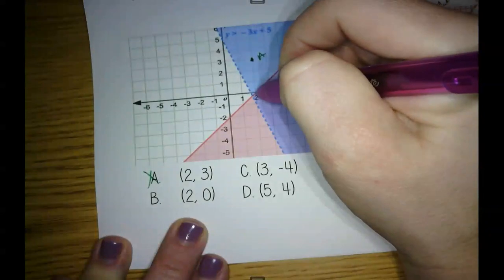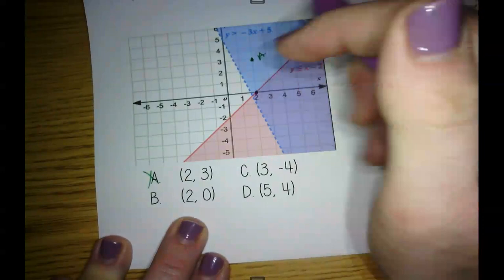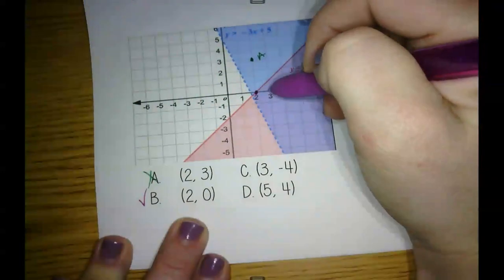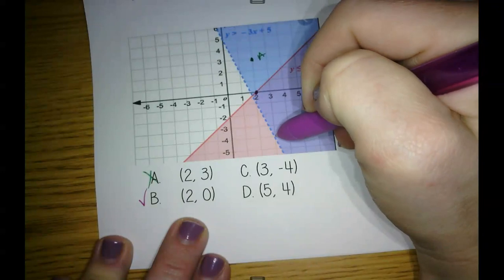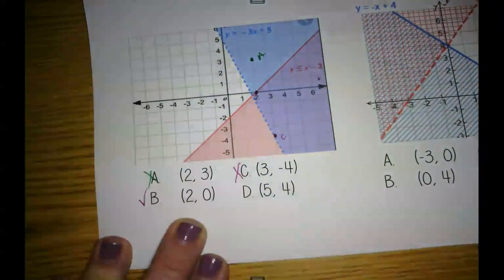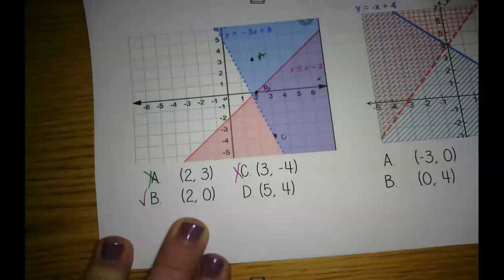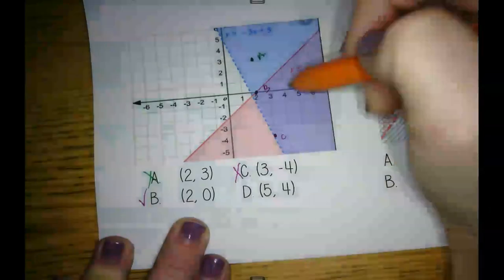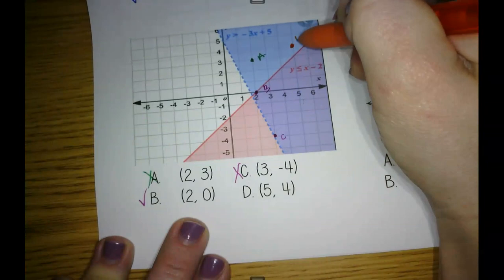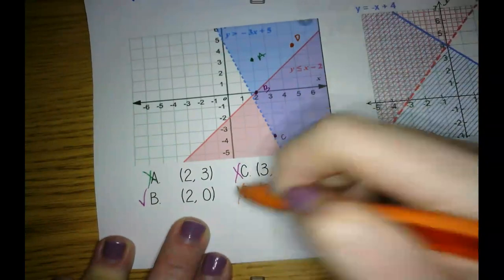We've got 2, 0 right here. It's in that shaded area on that solid line. We've got 3, 1, 2, 3, 4. That's in that shaded area, but it's on a dashed line, so that's not a solution. And then we've got 5, 4. Again, that one is outside the combined shaded area.